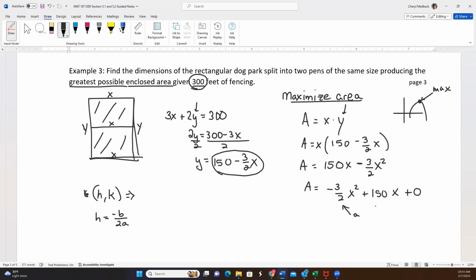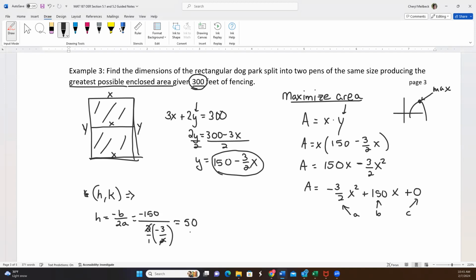So there's my a, there's my b, and there's my c. So negative b over 2a would be negative 150 divided by 2 times a, which is negative 3/2. If we're smart about this, we can just cancel the 2's in the denominator, and we have negative 150 divided by negative 3, which gives us 50.